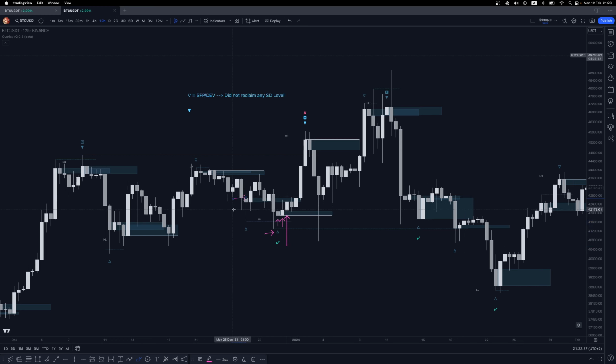So since it didn't reclaim this previous SD block, it's hollow, right? It didn't achieve anything. So a low gets created here and a low gets created here, but because they're hollow, none of these have actually reclaimed the level. I'll cover what the tick mark and the X mean a little bit later. Let's just stay focused on the arrows for now, right?